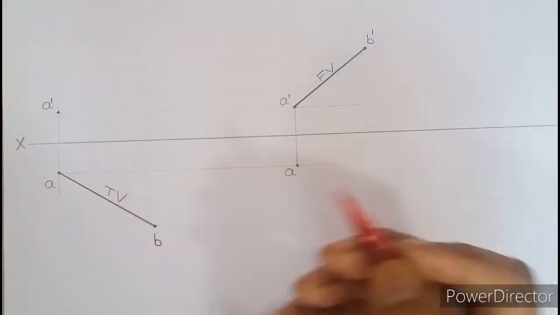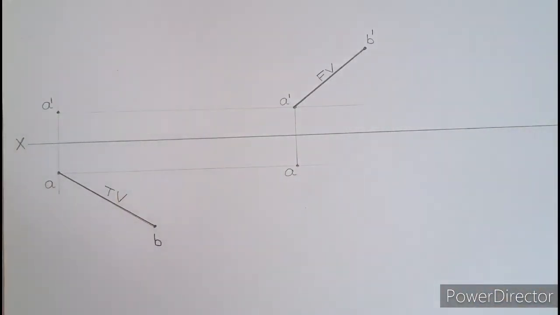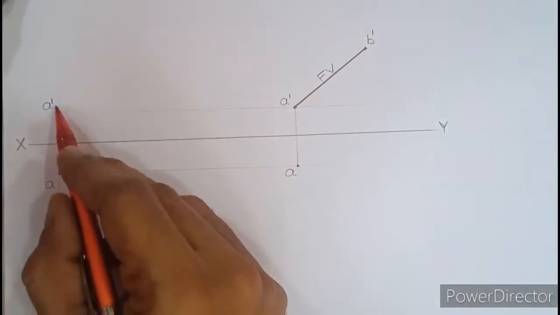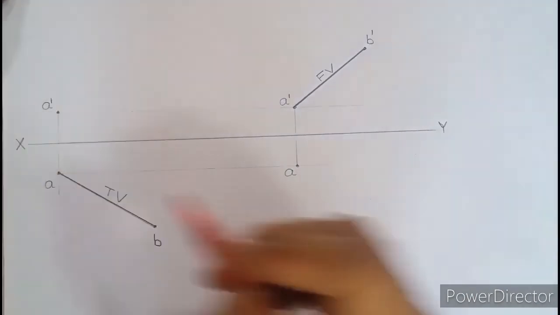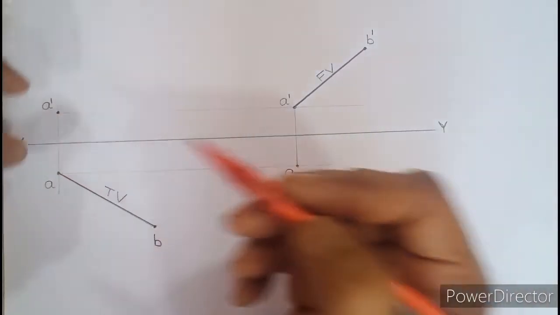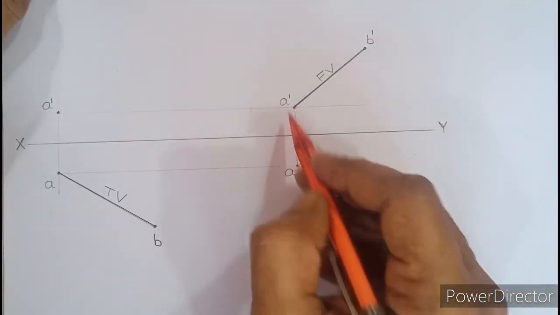So once again revision, what is the first step? Draw medium dark XY. Okay, so step number 2, after you drawn medium dark XY, mark A dash and A as you can see here of any length. Project this A dash and A further. For the second diagram, mark A dash and A again.